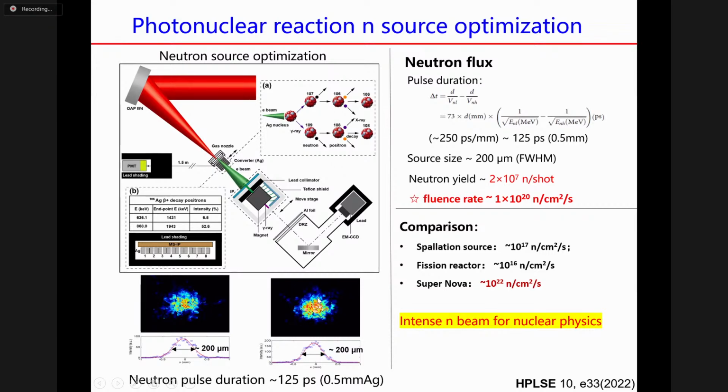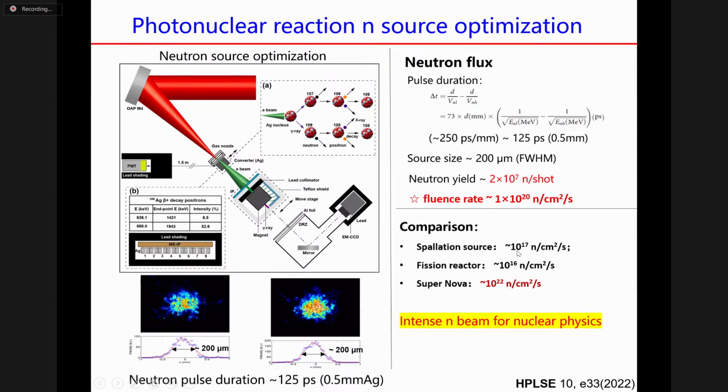According to our calculations, the fluence rate of this neutron source can reach 10^20 neutrons per square centimeter per second. So it's wow.